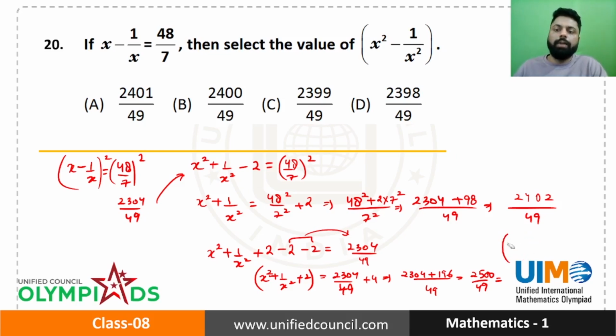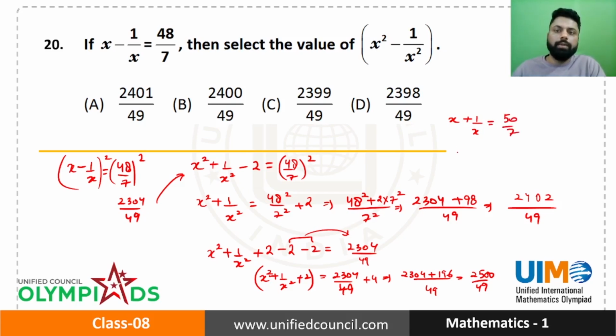That is the value of x square plus 1 upon x square. So x square plus 1 upon x square plus 2 is equal to 2500 upon 49. So x plus 1 upon x will be equal to 50 upon 7.